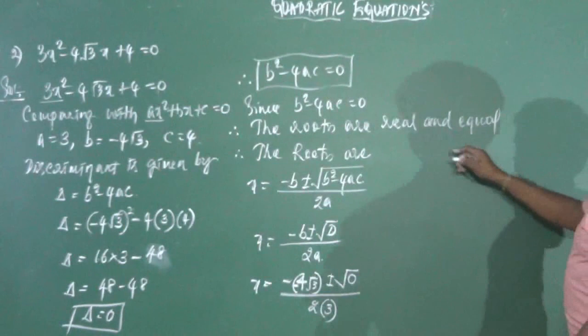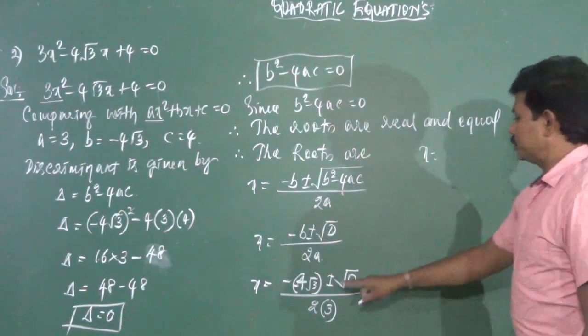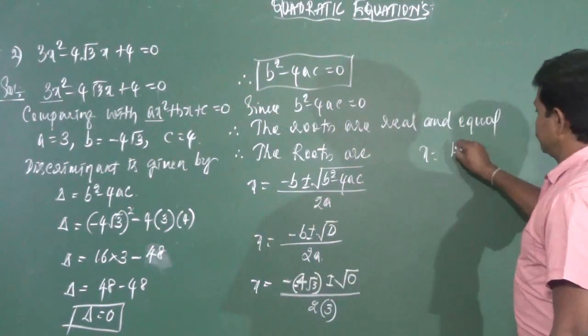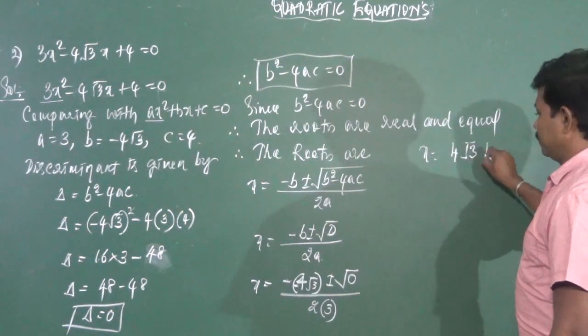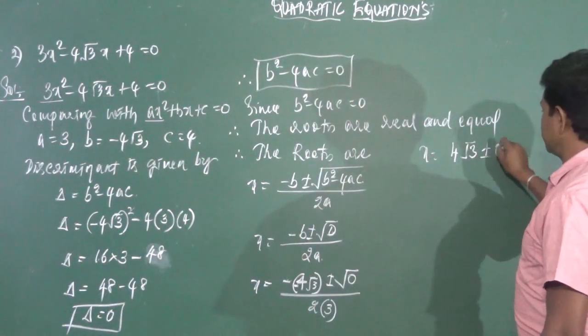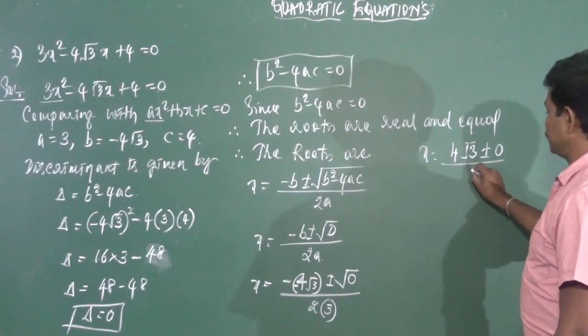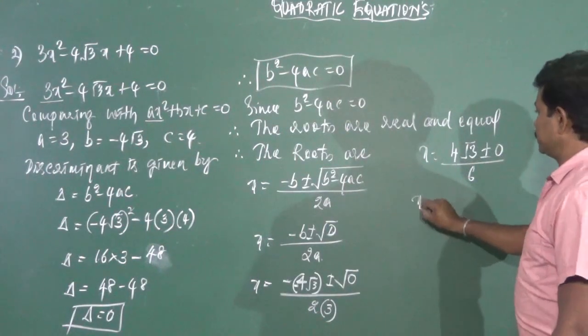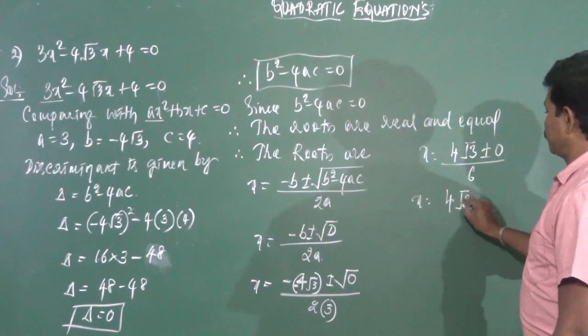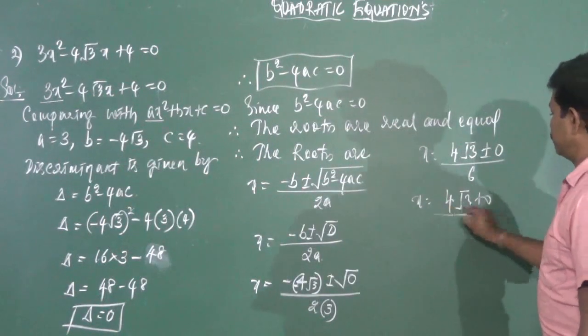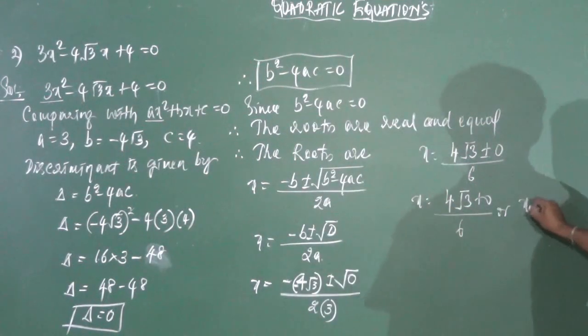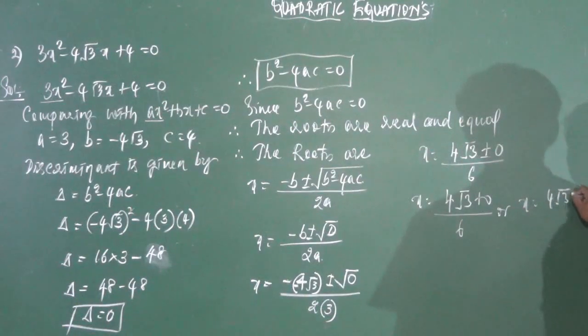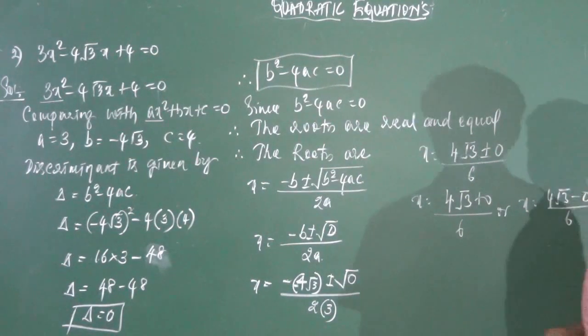Very important. So x is equal to minus into minus, plus 4 root 3 plus or minus square root of 0, which is 0, by 2 3s are 6. So x is equal to 4 root 3 plus 0 by 6, or x is equal to 4 root 3 minus 0 by 6, right?